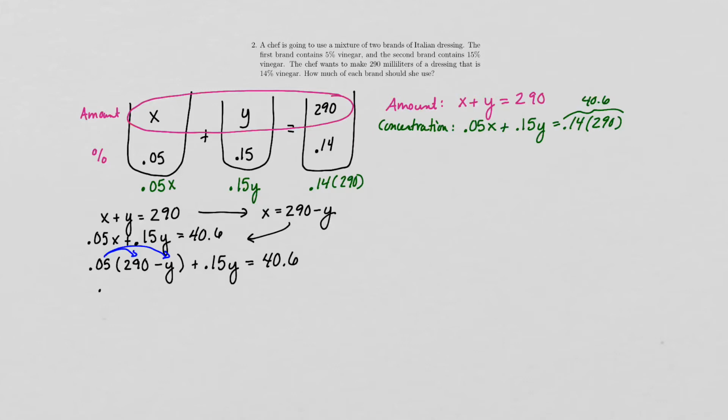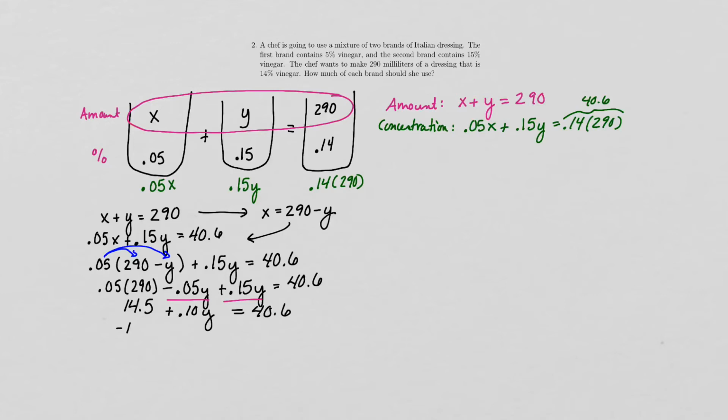So this is going to become 0.05 times 290 minus 0.05y plus 0.15y equals 40.6. So 0.05 times 290 is 14.5. So 14.5, again, the minus 0.05y and the plus 0.15y are like terms. So this is going to be plus 0.10y equals 40.6.